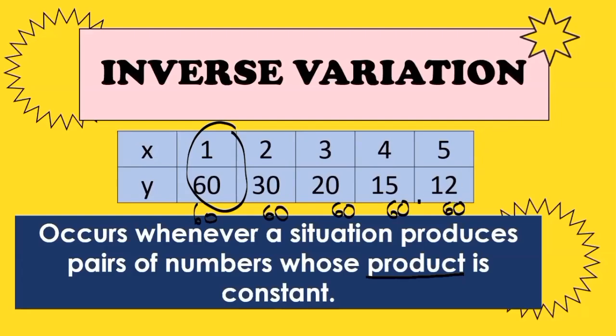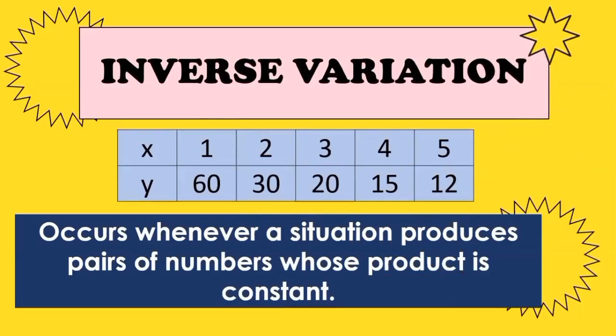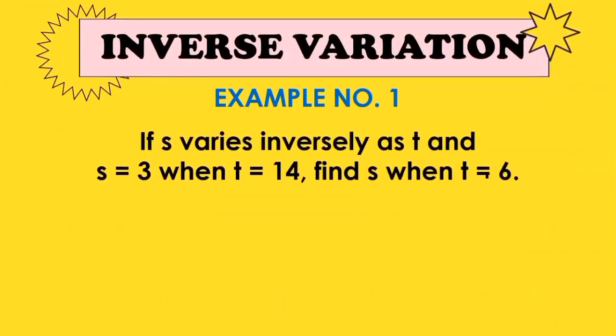So, if x varies inversely as y, the equation now is x equals the constant of variation, which is 60, over y. This is the equation that represents this table. Let us now have our first example.